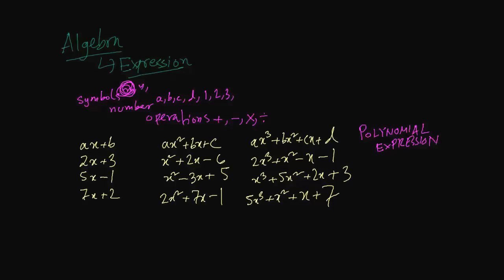When I refer to a polynomial expression, I'm actually referring to something that looks like this. For example, a constant, then x to the power 1, then another constant, let me call it a1 for simplicity, a2 x to the power 2 plus another constant a3 x to the power 3, and it goes on like this: a4 x to the power 4, and it goes on like that.